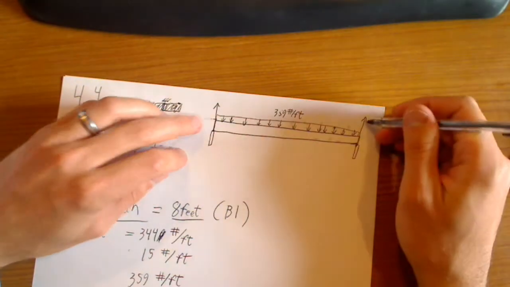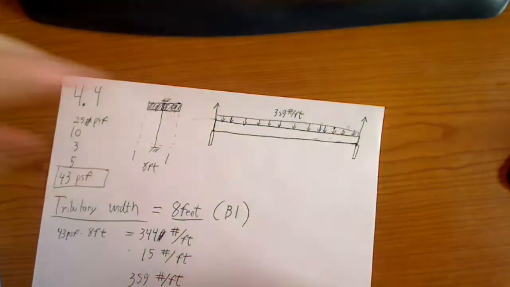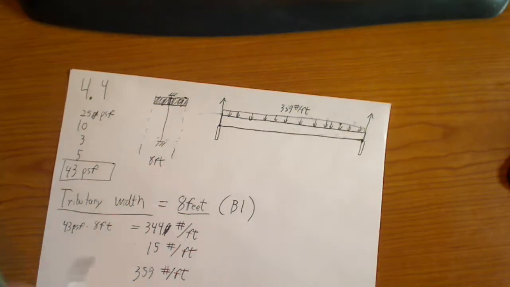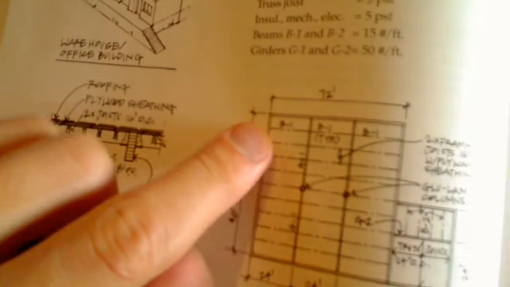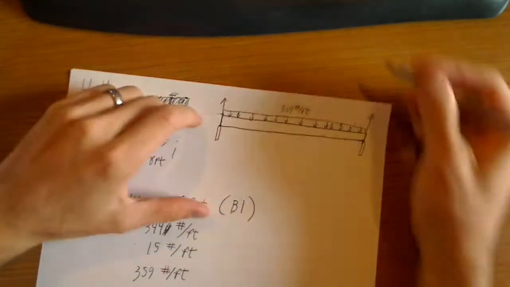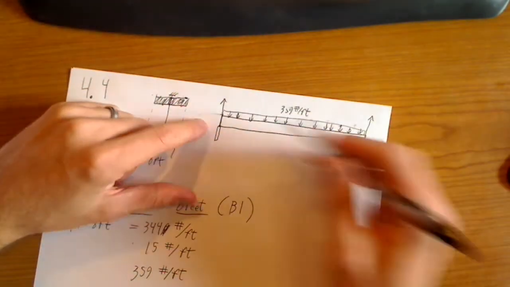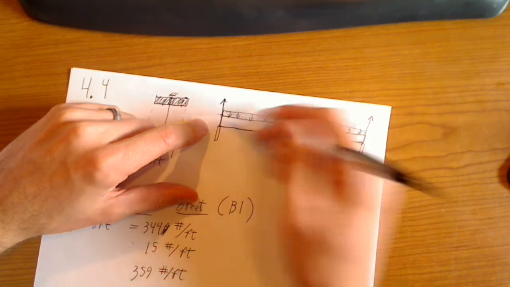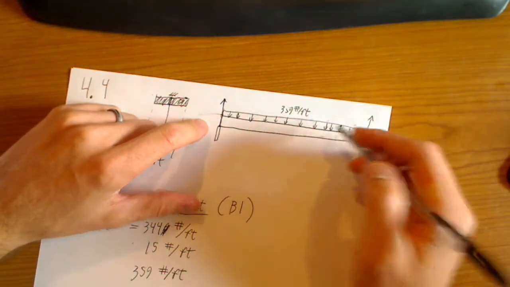Now the question is, what are the reaction loads? We know that this beam is 24 feet. That's how long the unsupported length is. It goes from the wall here to the girder. So we can assume that these loads are by symmetry half the total.